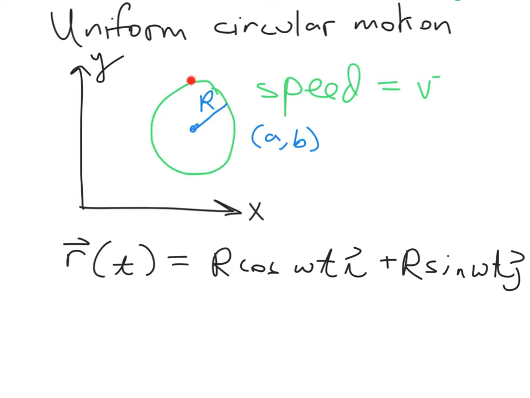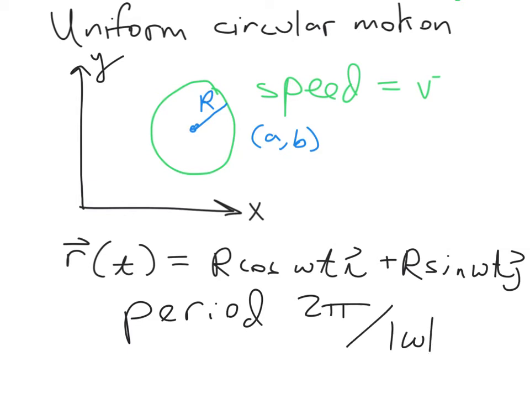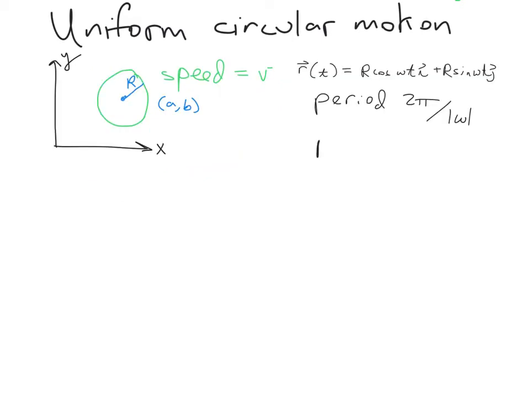So if omega is quite large, 2 pi over omega will be quite a short amount of time. We call this return time the period, so this circular motion has period 2 pi divided by the magnitude of omega. Of course, it also has radius capital R.